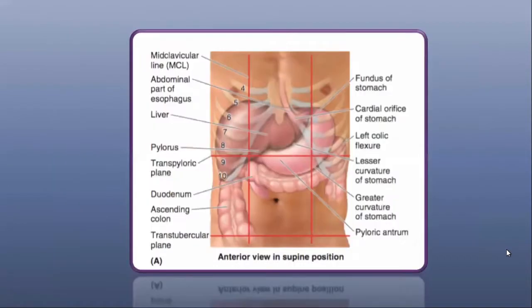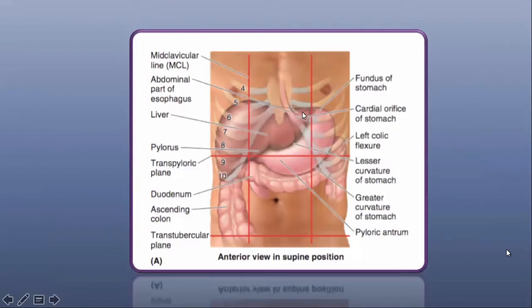Okay. Now, review. Very important. Again, anatomy is all about relations, position. These are the things that you should know. Going back to your cardial orifice, that's the opening. Again, at what level? See, that is your 6th.